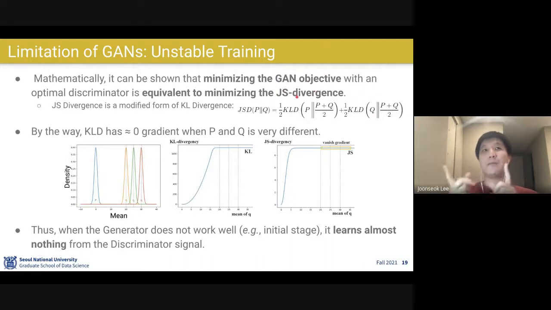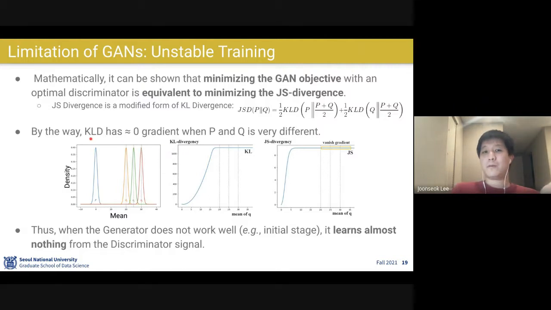Recall that the KL divergence is not symmetric, right? KL divergence from P to Q is different from Q to P. So to use this as a kind of symmetric distribution, they designed the JS divergence like this. So half of P to the average of them and Q to the average of them, and they just take the average of them. So it's just KL divergence, basically.